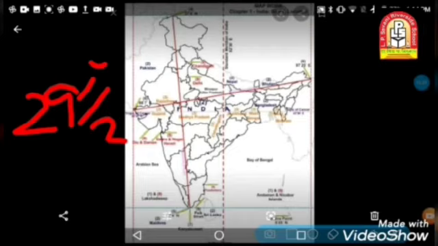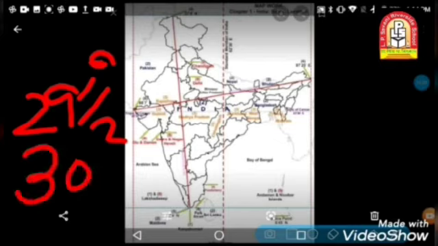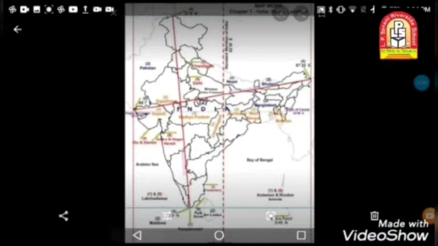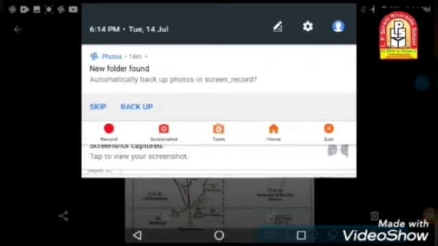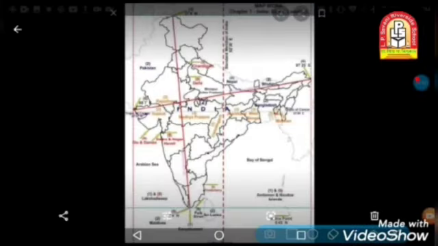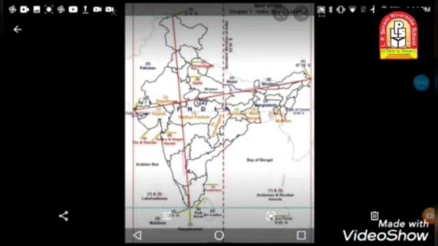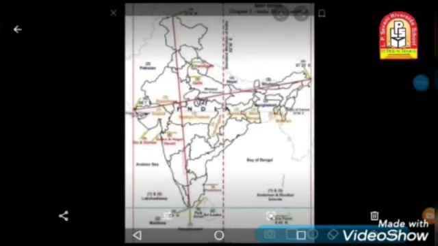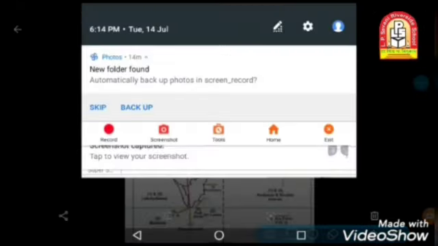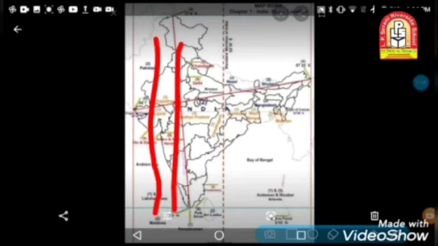But we don't take it as 29 and a half, we take it as a round figure, right? So with this calculation we can understand that our India has 30 longitudes. See, how many longitudes are there in our India? 30, like this.